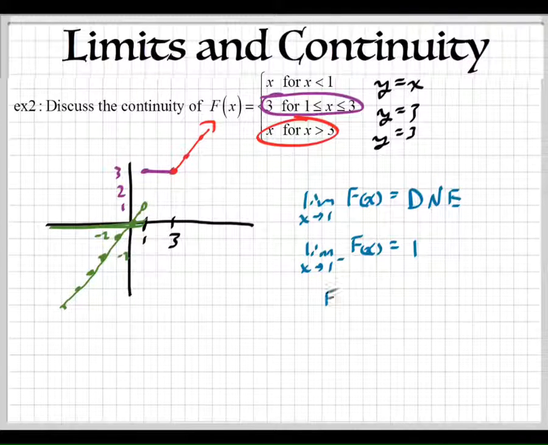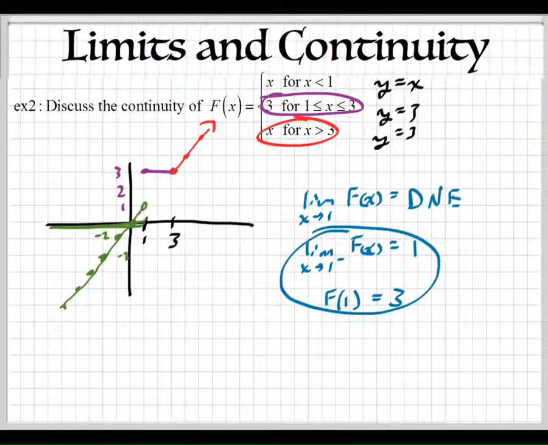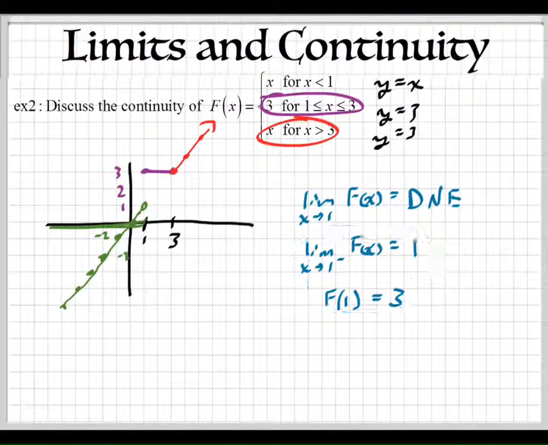But what does f of 1 equal? 3. It equals 3. So is it left side continuous? Because we're coming from the left? No, it's not left side continuous. If I approach x from the right, coming this way on the x-axis and this way on the function, what's it approaching? 3.